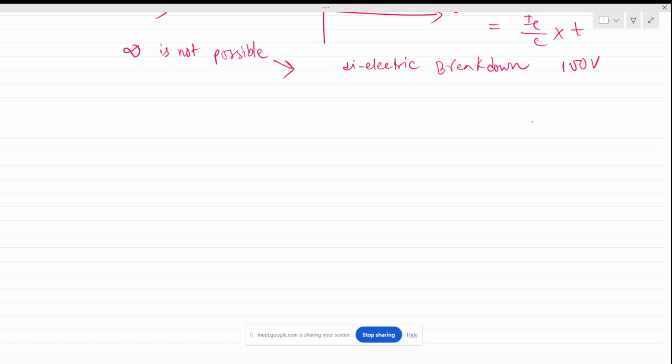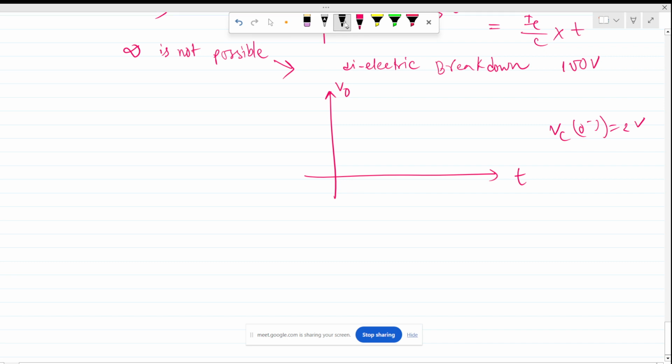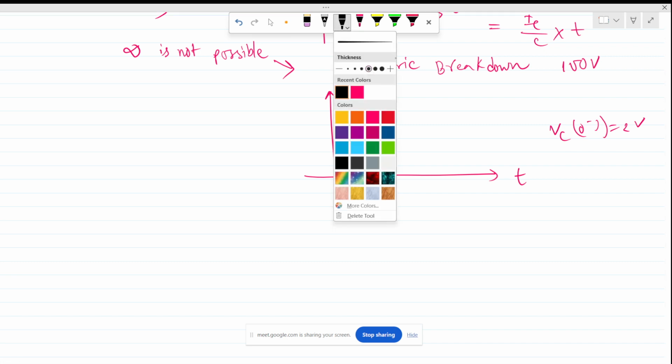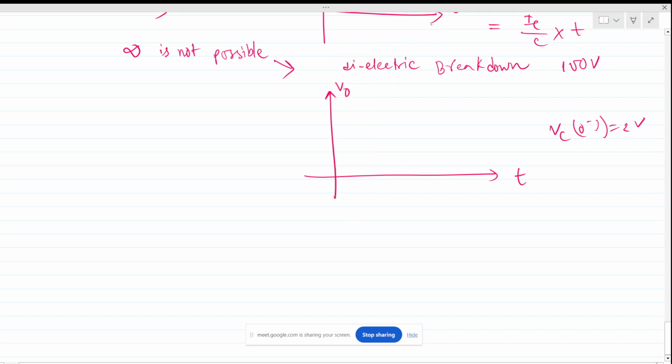Now the second case is when the capacitor is initially charged to 2 volt. Then what will be the changes? This will be a small change, where the output will start charging from 2 volts. This is 2 volt, this is 0 volt, and eventually it will be limited to 100 volt as said previously.